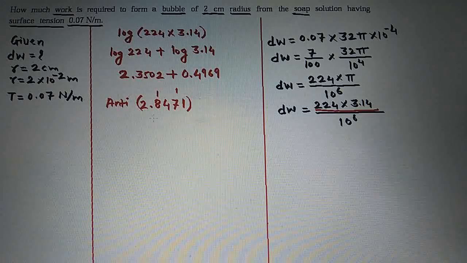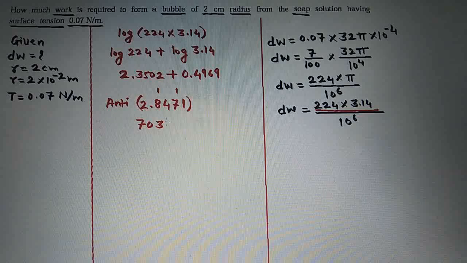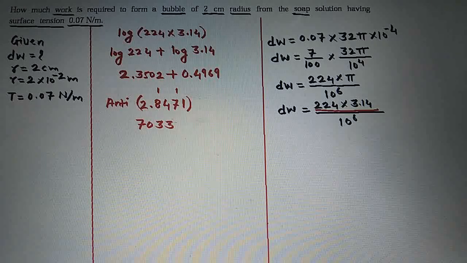See here, we always find out the antilog of this fractional part here, and the fractional part is 0.8471 here. So antilog of this 0.8471, it should be equal to 7033 into this integer part.